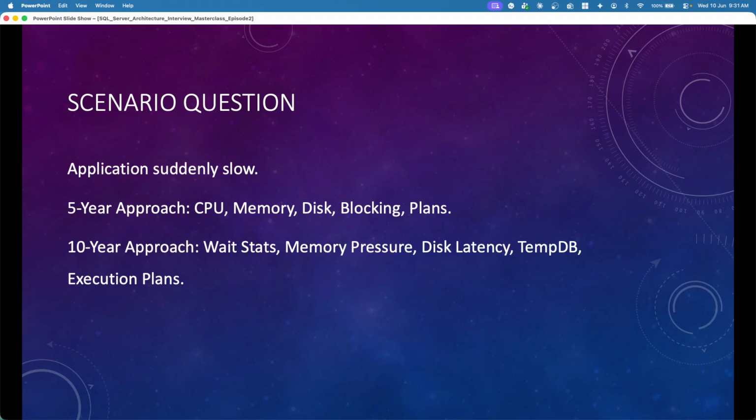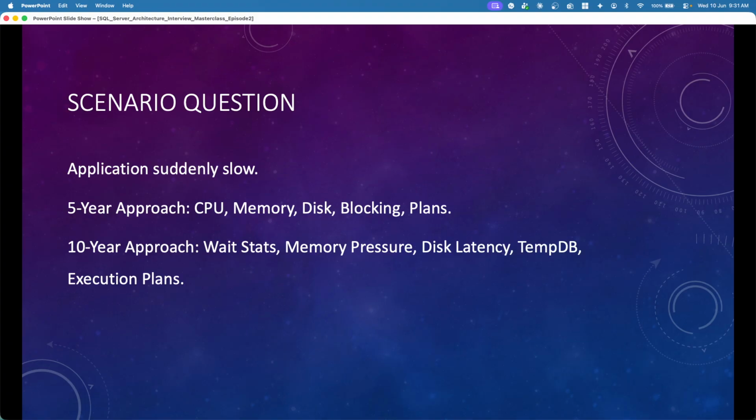But what will a 10 years experienced person check? First he will connect to the SQL Server and check what the wait stats currently are on the system, what the memory pressure is, what the disk latency is, what is happening in tempdb, and the execution plan. So based on the experience it may vary.